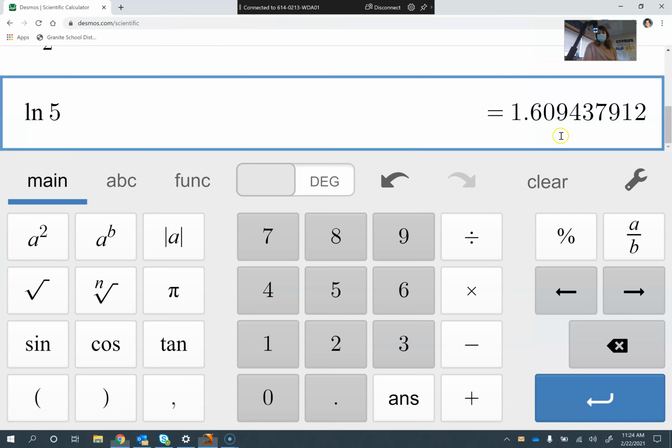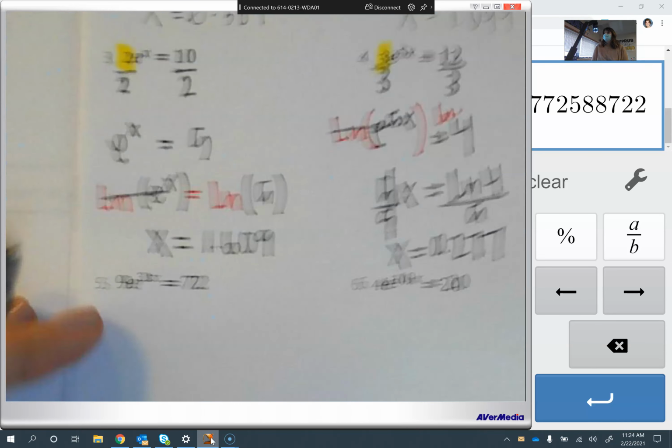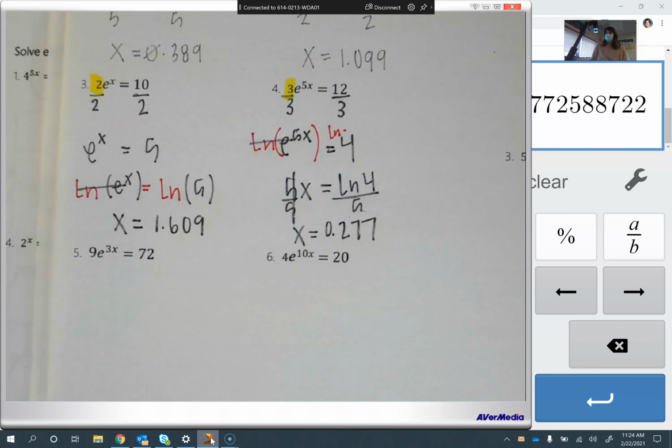So I plug that into Desmos and get 0.277. Okay, so number 5 is exactly the same as number 4.